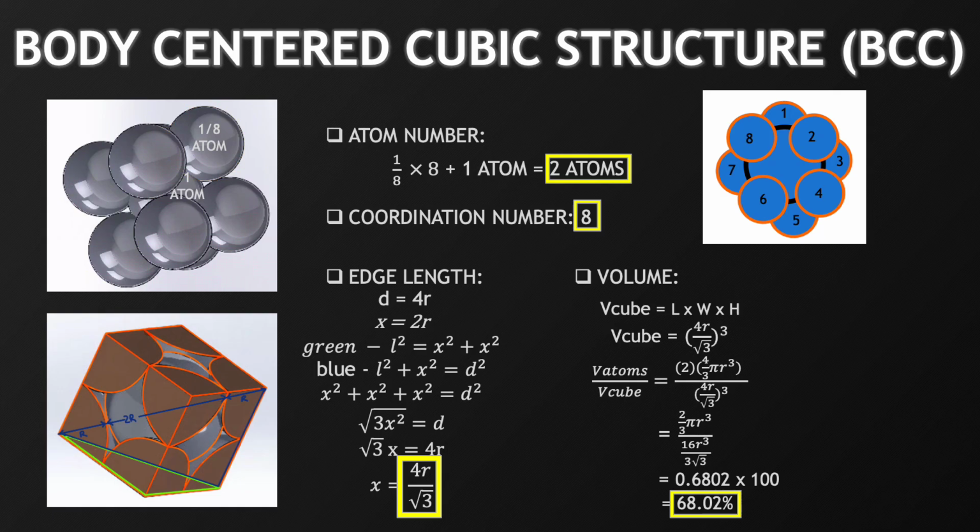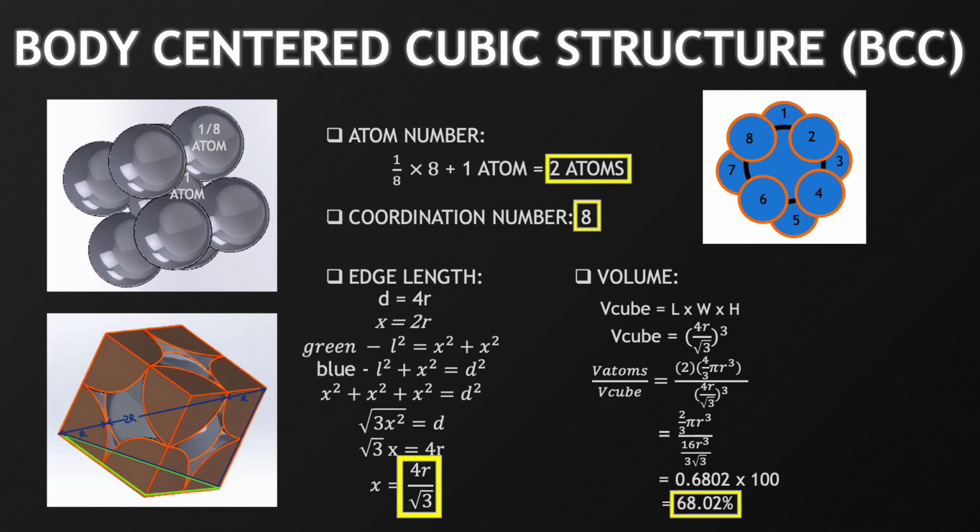The hypotenuse of the green triangle is represented by L, and the sides of that green right triangle are x, which represents 2r. Focusing now on the blue right triangle, L squared plus x squared is equal to 4r squared. Substituting L squared into the blue triangle equation gives the edge length of this structure.